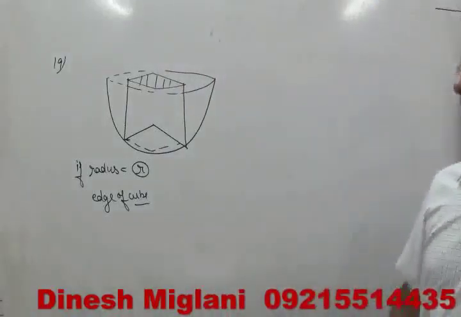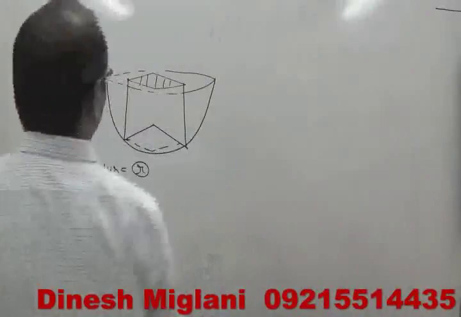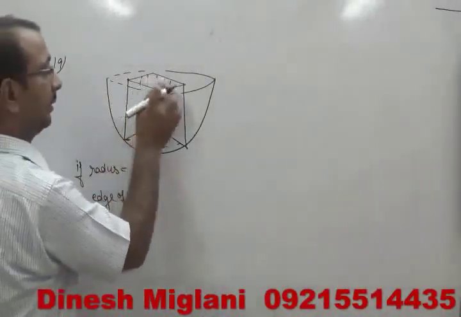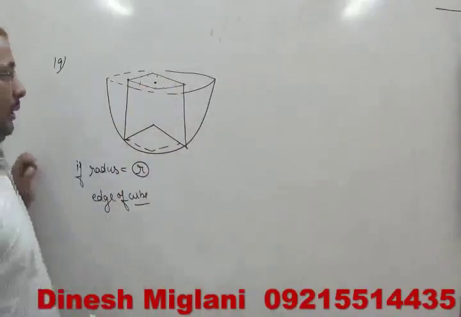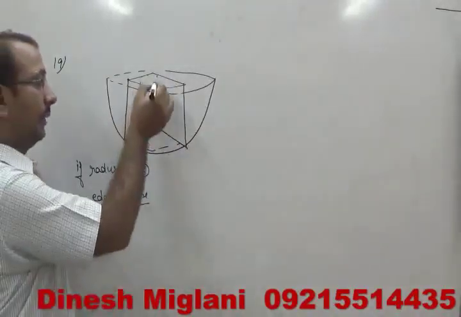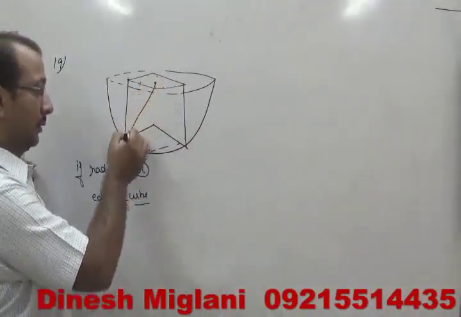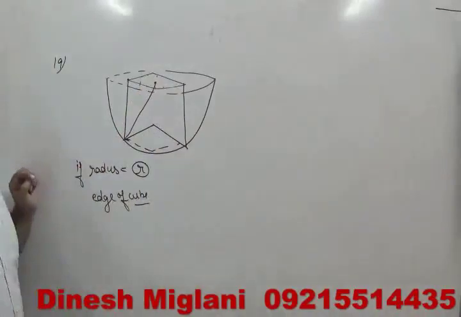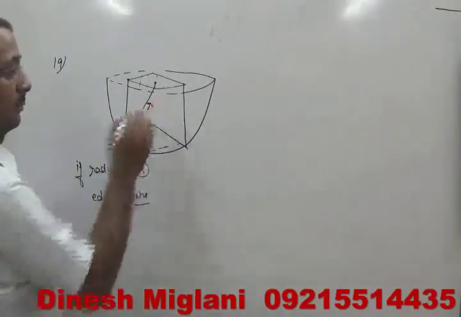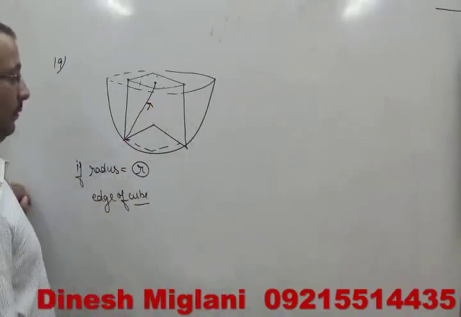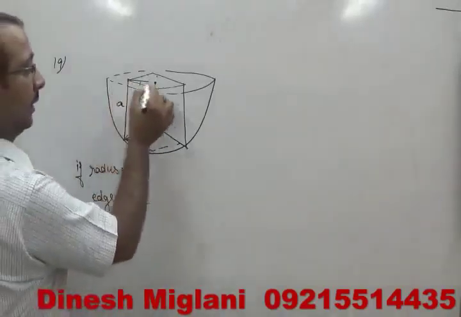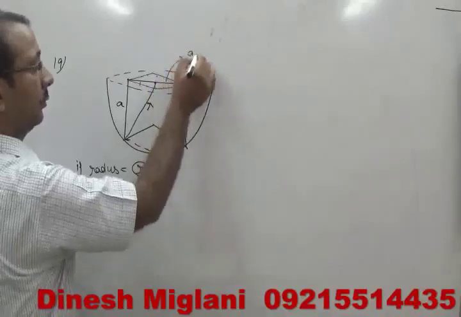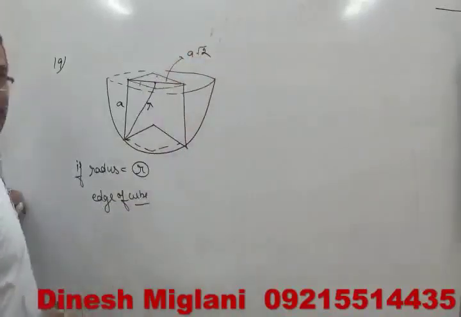Now, let us say this is the center. From the center, if I meet to this point, I may say that is r, and we can say that the edge of the cube is a. It means the diagonal of a face is a root 2.